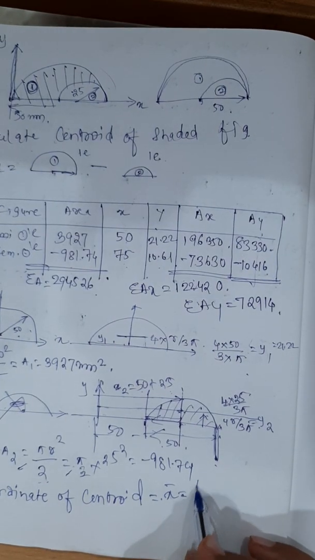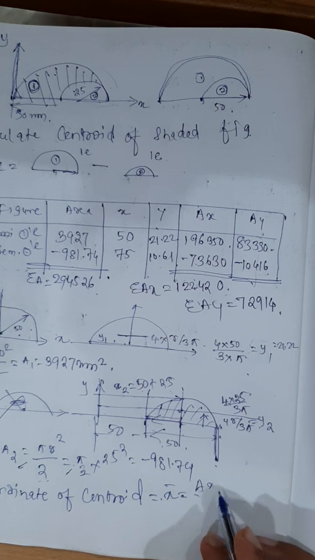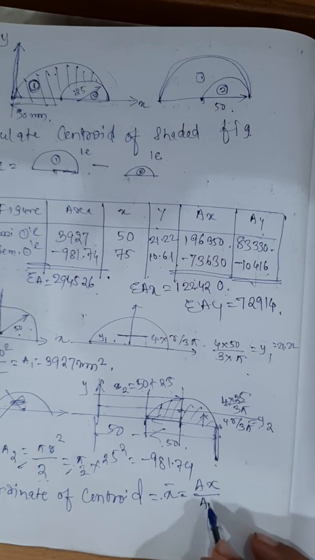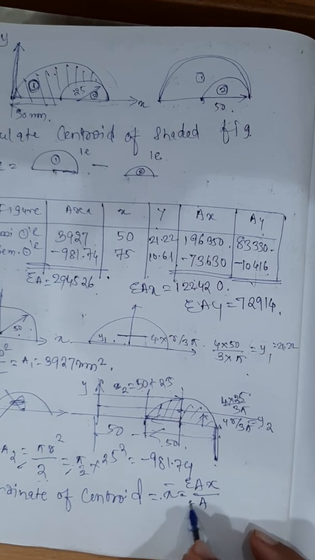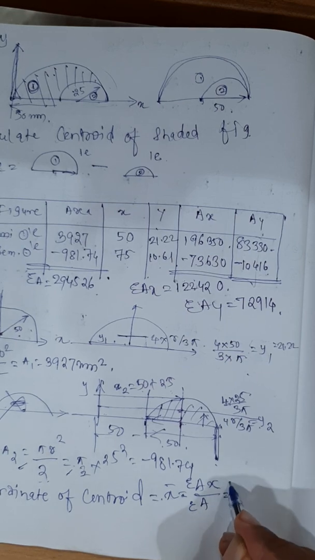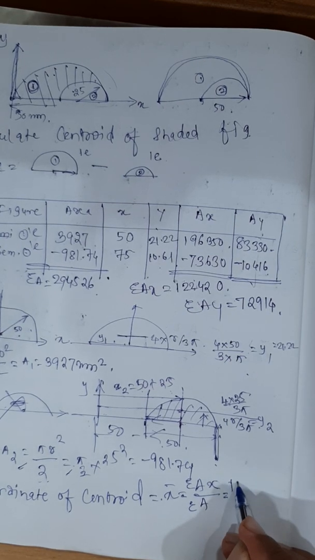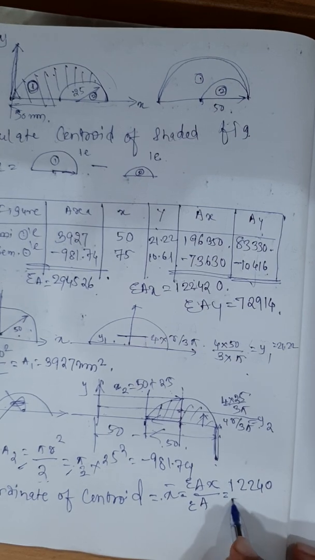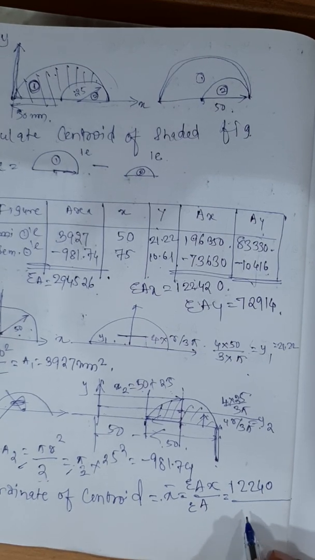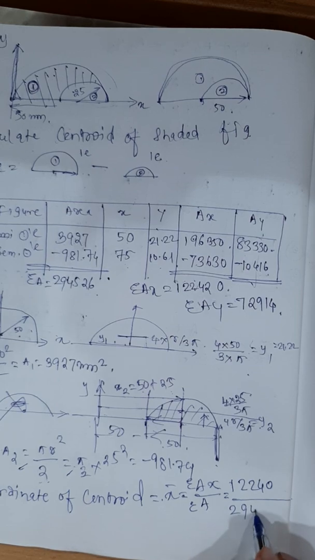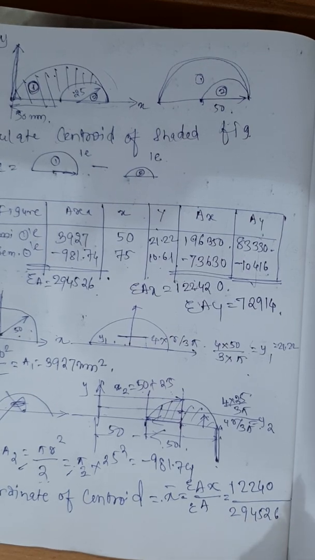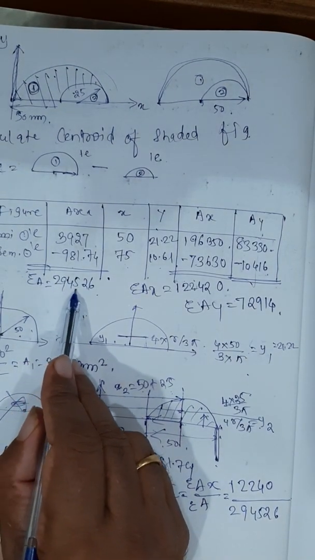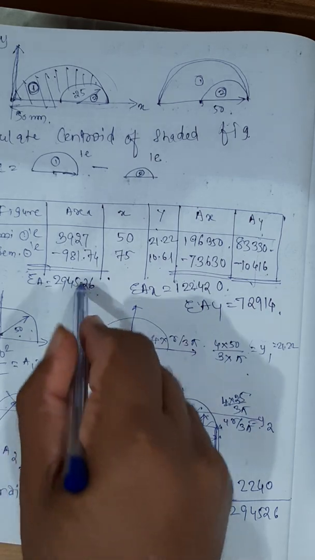Total of ax divided by total of a. Summation of ax divided by summation of a. Substitute the values: summation of ax is 122420, divided by summation of a, 2945.26.